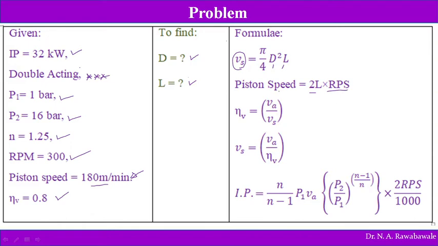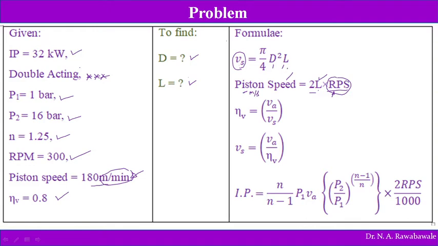The piston speed is given in meters per minute, so this has to be converted to meters per second because revolutions per second is used. Then, from the piston speed and revolutions per minute, only L remains to be obtained, so L we can substitute.